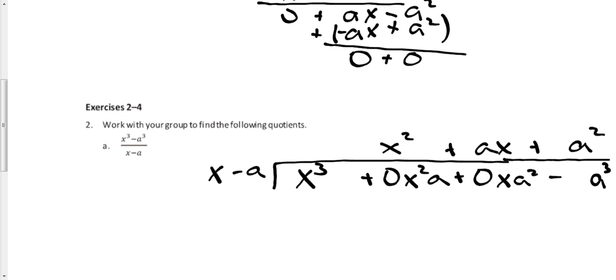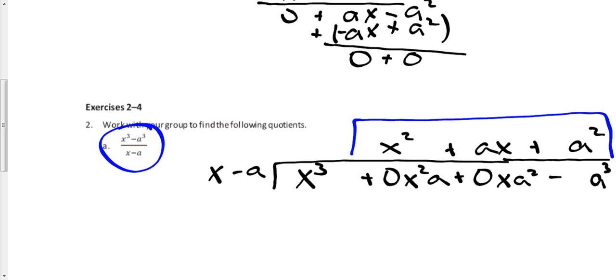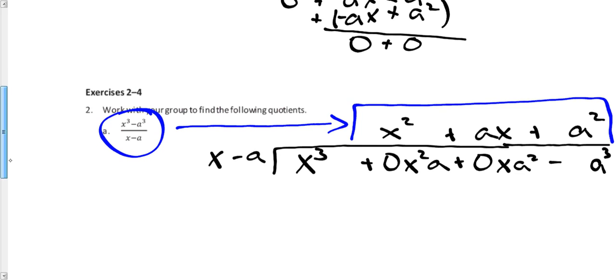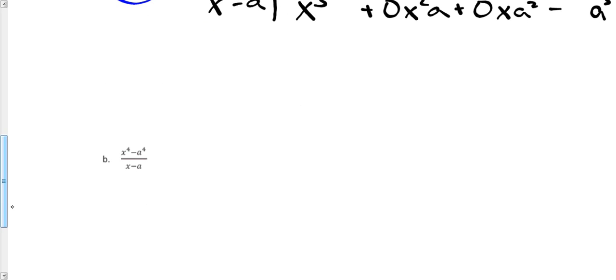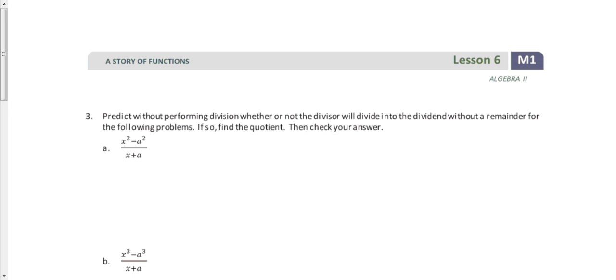Cora was in Mr. Erickson's class yesterday and they did this, so good check. This is the pattern. So whenever I see this, I know the answer is that. We're going to skip the fourths.